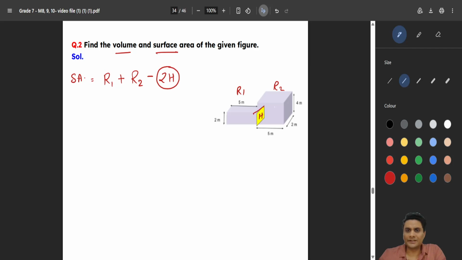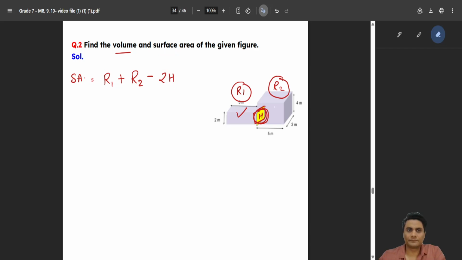Because this hidden surface is gone from here also. So I will do the surface area of rectangular prism 1 minus this one time, and then when I find the surface area of this rectangular prism, from that also I will subtract this one. That is why I did 2h. So we have to solve this and we will get the answer.